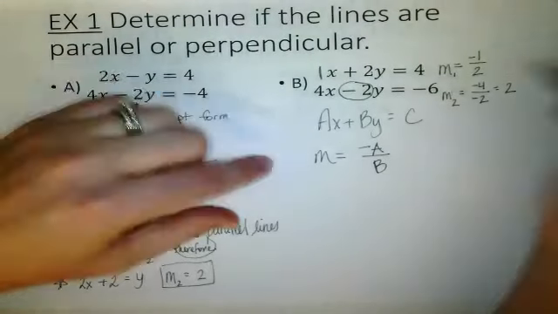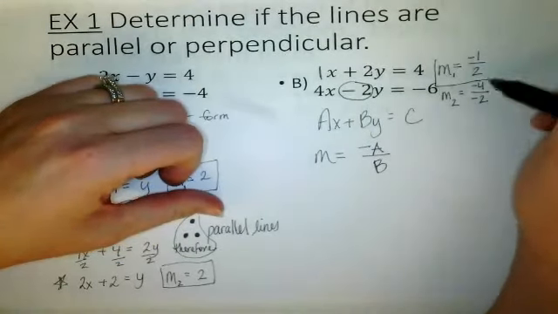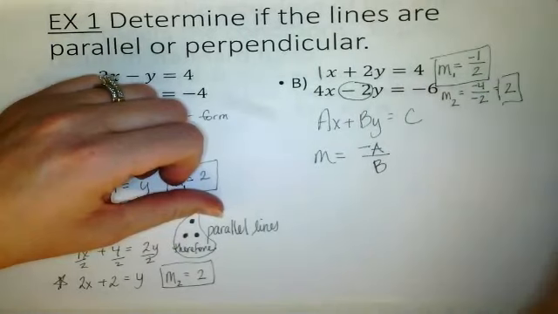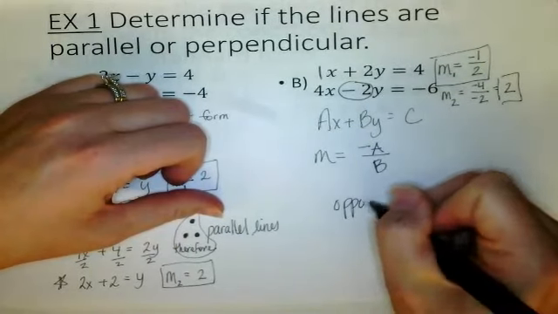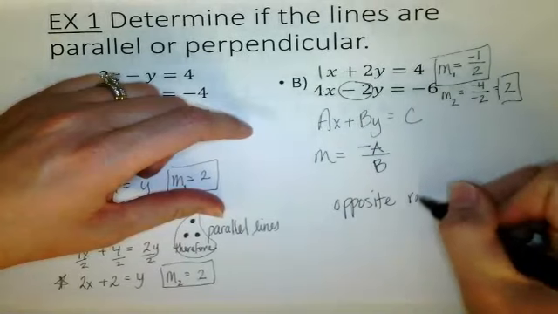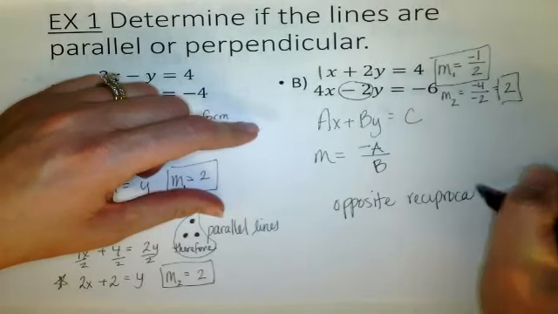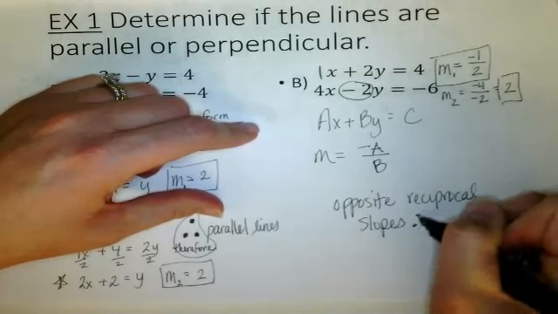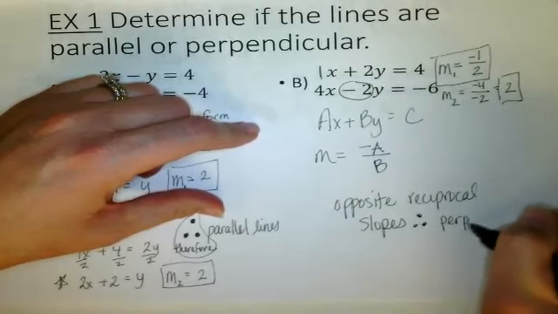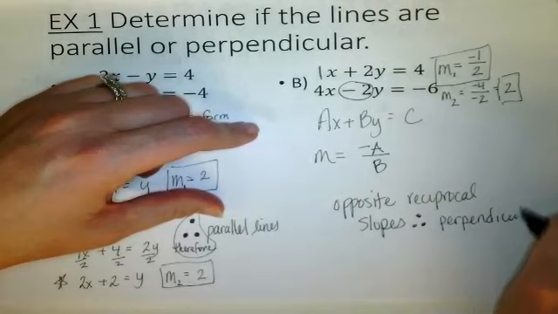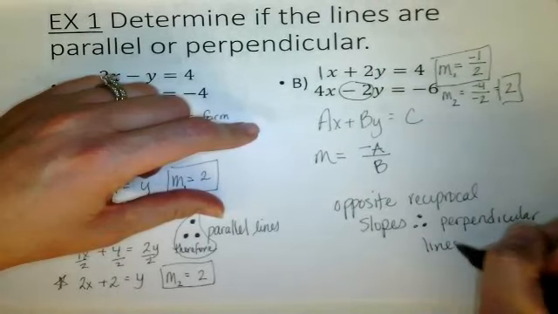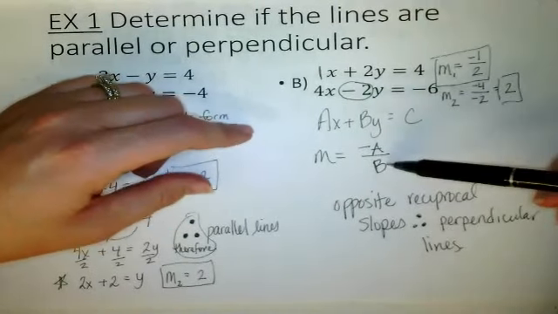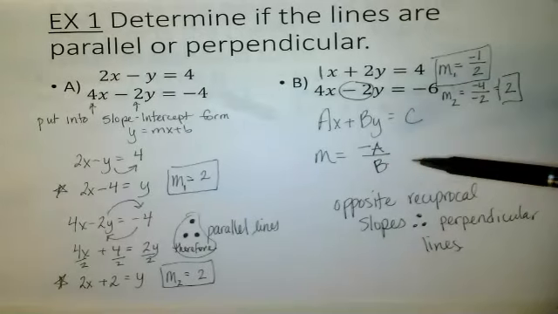All right, what are those slopes? How do you know they're perpendicular? Opposite reciprocal slopes. Therefore, perpendicular lines. Boy, I really like this shortcut method, right?